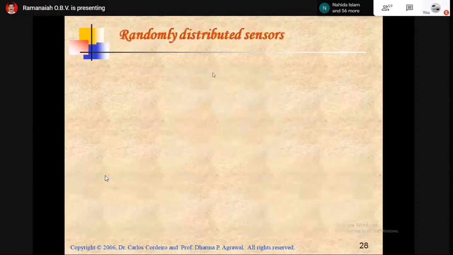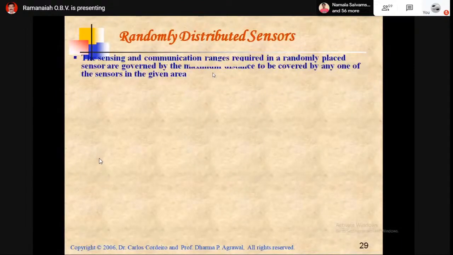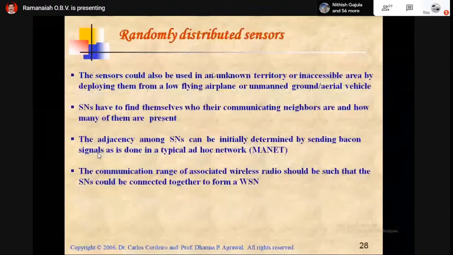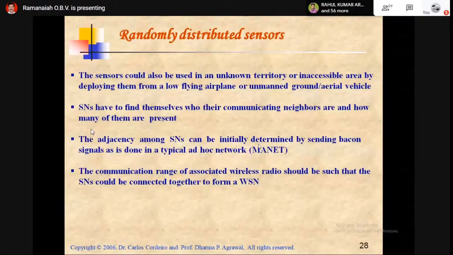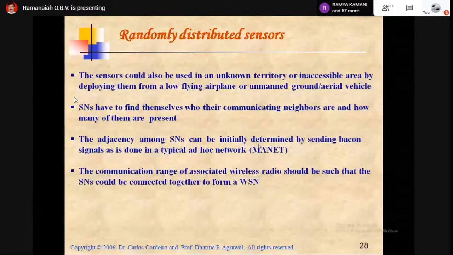Yeah, and randomly distributed, right? Here I don't have any diagram for this, but it is like sprinkling randomly. If you imagine a farmer sprinkling fertilizer in the field, some of you might have seen these things, right?